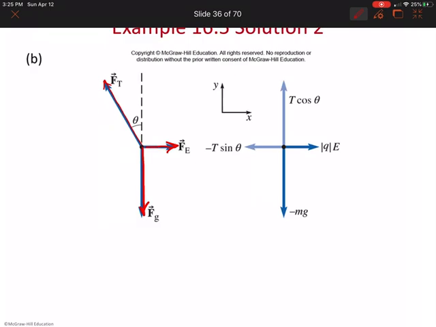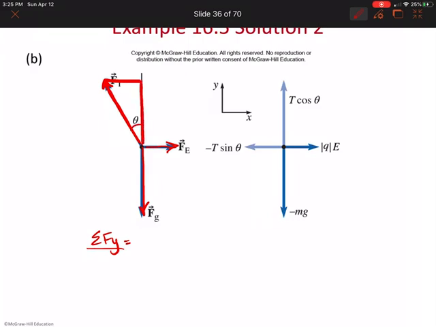So if we're going to do that, we can say the sum of the force in the y is equal to, now look at this. Okay, we've got a force of tension that goes in the y direction, and then we have a force of tension that goes in the x direction. But we're doing the sum of forces in the y direction.